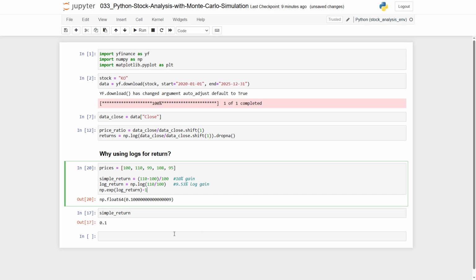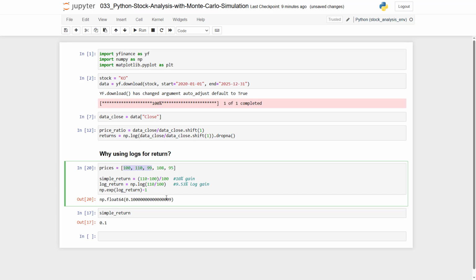So back to the point, why do we use log return? Because returns over multiple periods sum nicely, and we have this kind of symmetry that I'm actually interested in for the whole idea. You see, 10% gain is 110, and then a 10% loss would be back into 99. But in our case, if we were using log returns, this would be cancelled.